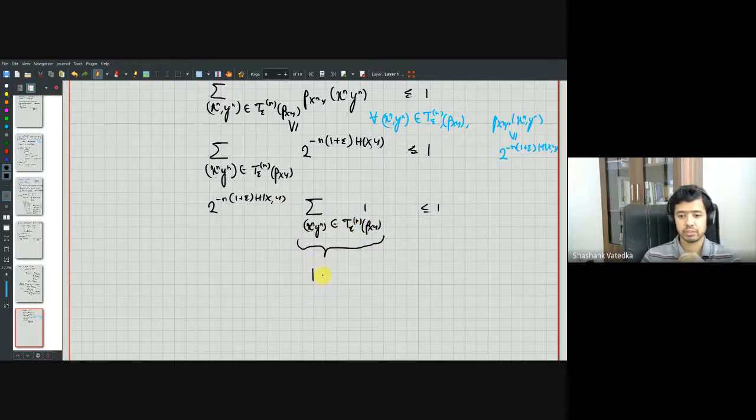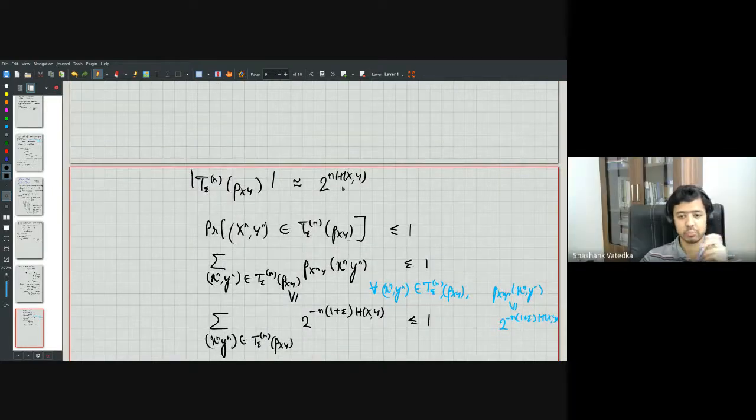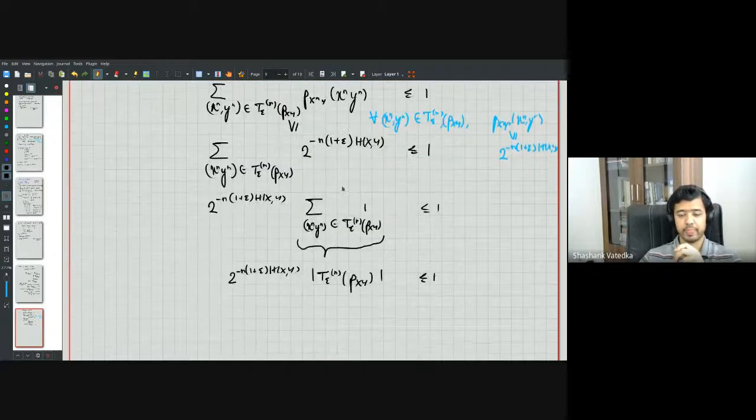So this is just the size of the typical set, because there's a contribution of 1 from every typical pair. That is 2 power n(1 plus epsilon) H(X,Y). So that's what we want to show, right? This is our claim, and we want to prove this claim.